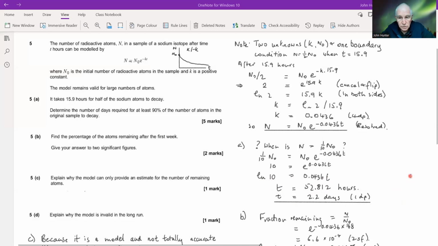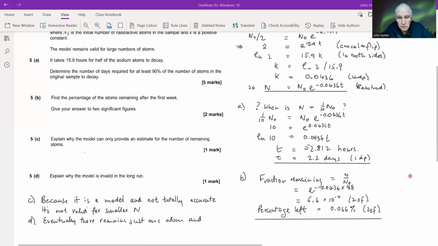So let's wind down a little bit. Part B says find the percentage of atoms remaining after the first week. Give your answer to 2 significant figures. Let's do the fraction remaining, and we can do the percentage from that.